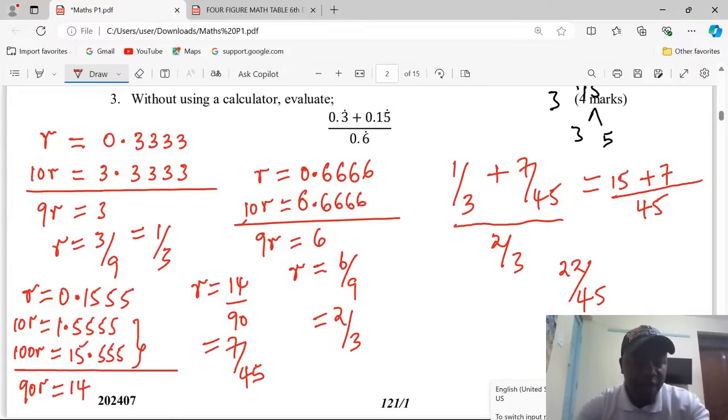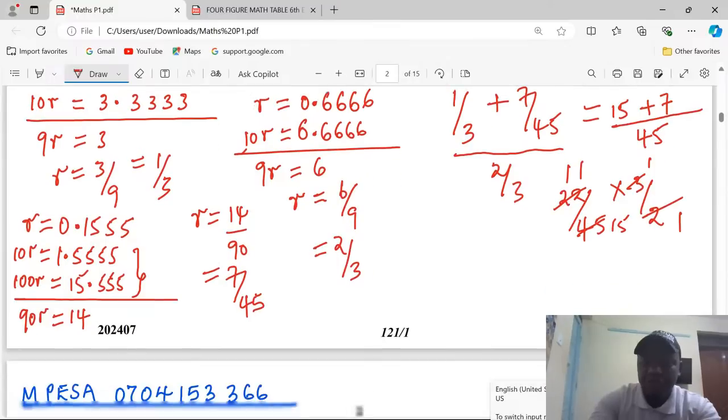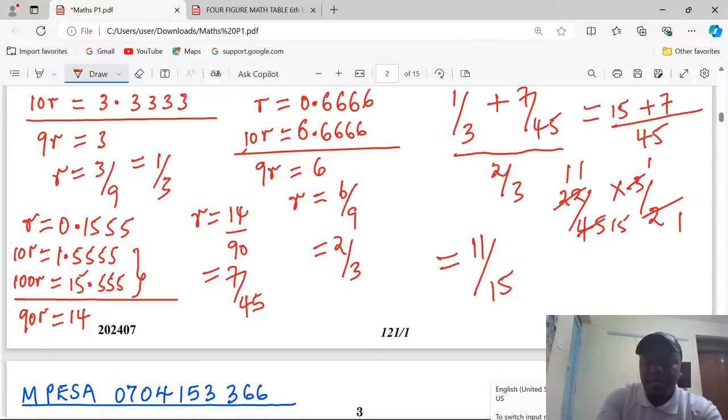Dividing by 2/3 means multiplying by 3 over 2. So we can have by 2, 1, by 2, 11, by 3, 1, by 3, 15. So that we have 11 out of 15 as the final answer. 11 divided by 15. This becomes the final answer.